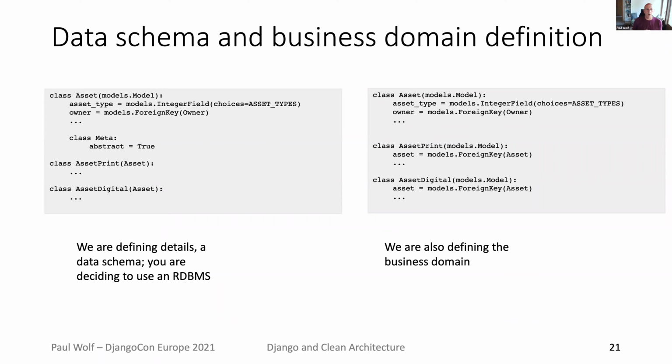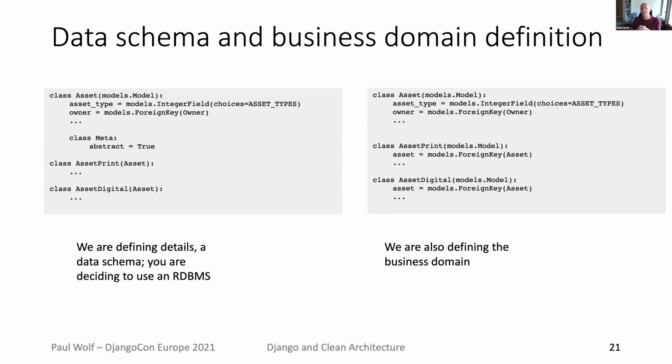So let's assume in my industry, we have this concept of an asset that can be a print asset, or it can be a digital asset. And I can model that on the left by, as you see, defining a Django model that uses inheritance. Now, I could also do the exact same thing by doing the set of models on the right, which is not using inheritance of the asset model.